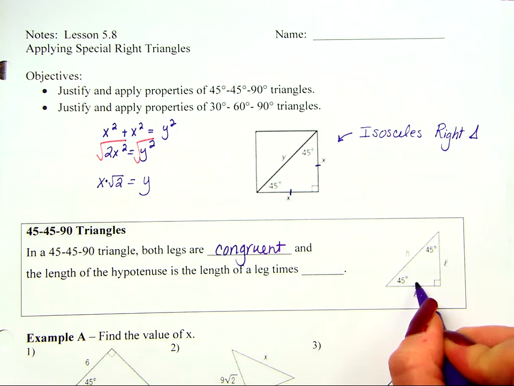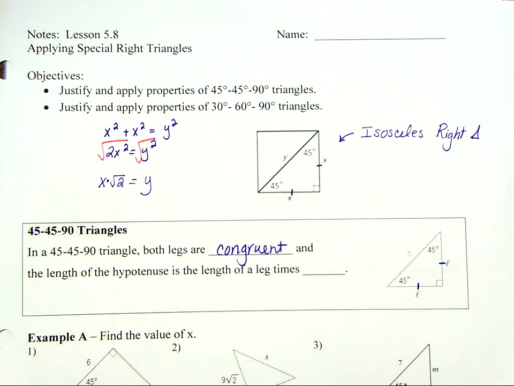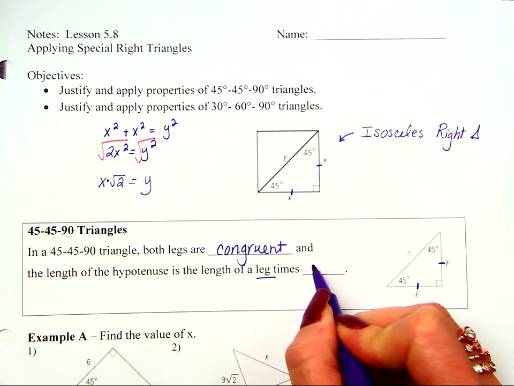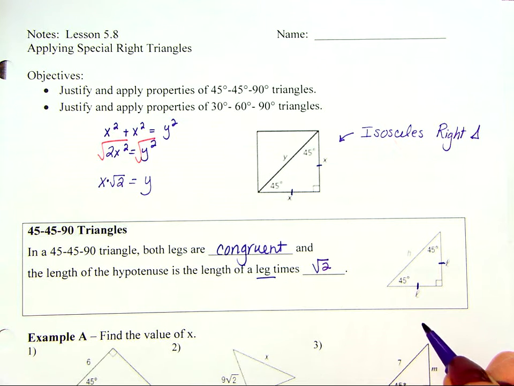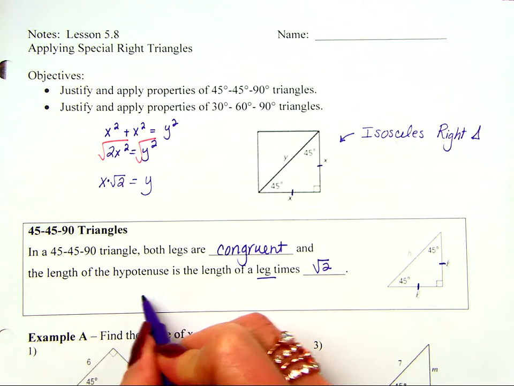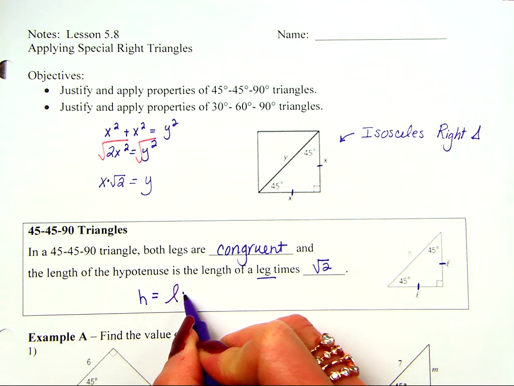Here they have them marked as L and L. The length of the hypotenuse is the length of the leg times root 2. So h, my hypotenuse, would be equal to L times root 2.